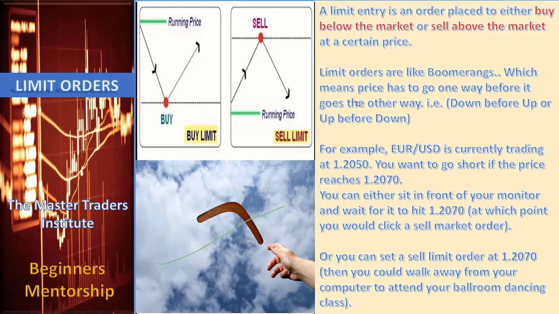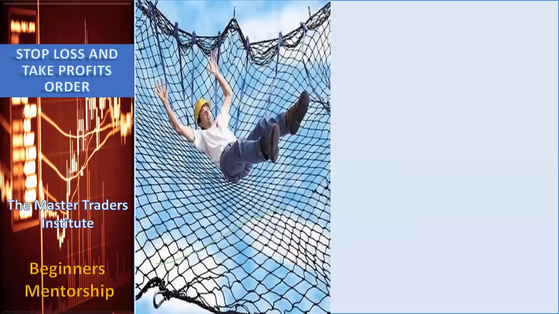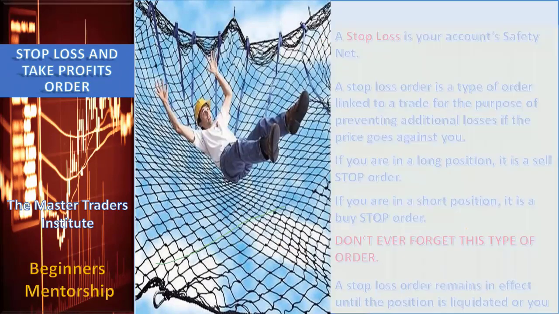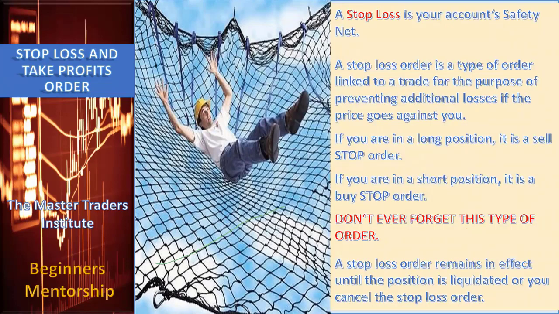All right, so let's move forward. The next thing we have here is stop loss and take profit. So I told you, a stop loss is your account's safety net. If you have ever come across civil engineering guys, or those people that build large constructions like Julius Berger, you will notice that most times when they are building, there's always a net underneath what they're building.